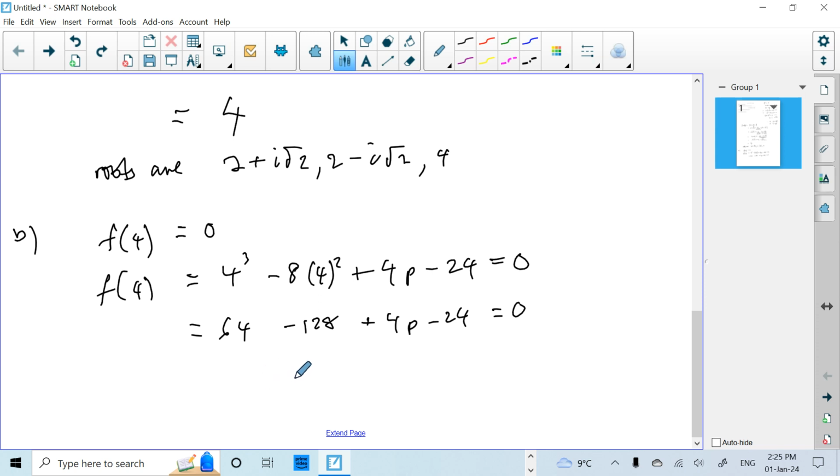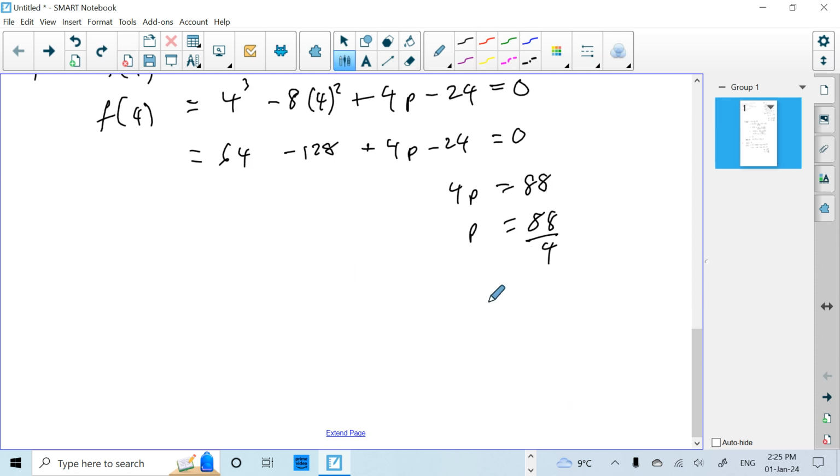So that gives us 4p, because we want to find p, is equal to 64 plus 64 minus 40, so 88... so 4p is equal to 88. So p is equal to 88 divided by 4, and p is equal to 22. And that's it for your 8 marks, and under 10 minutes.